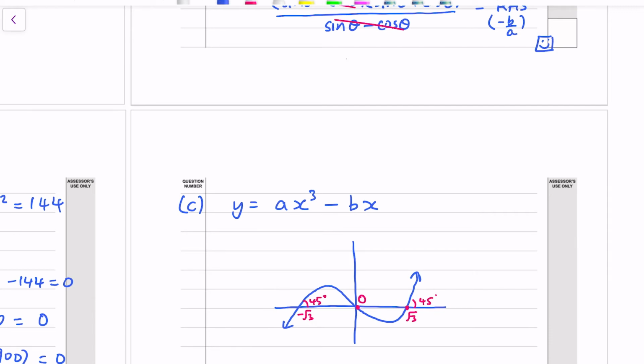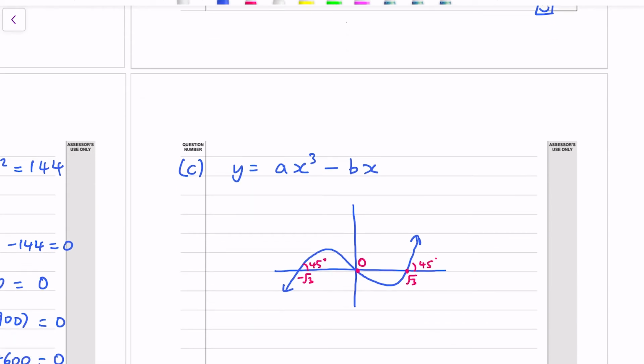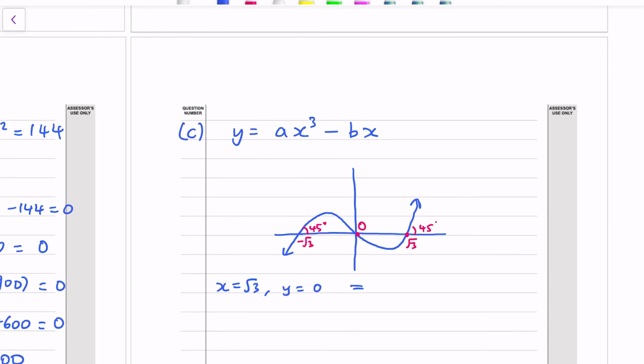Now, actually I didn't need to know that it goes through the origin, because if I substitute x equals 0 into that equation, I get y is equal to 0. But if I sub the other point in, either of them, so when x is root 3, y is equal to 0, I get 0 equals a times root 3 cubed minus b times root 3.